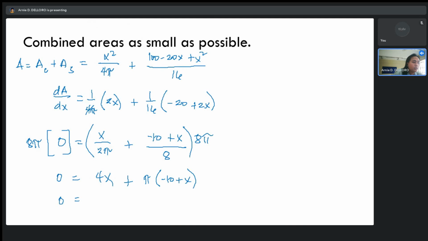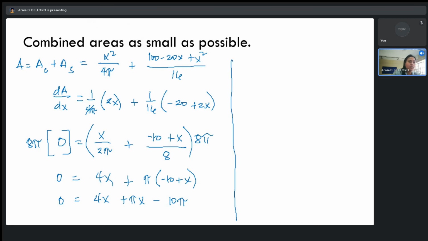We have 0 equal to 4x plus, minus 10 pi. Ay, hindi. Itabi tuloy natin yung variable x. So, plus pi x minus 10 pi.